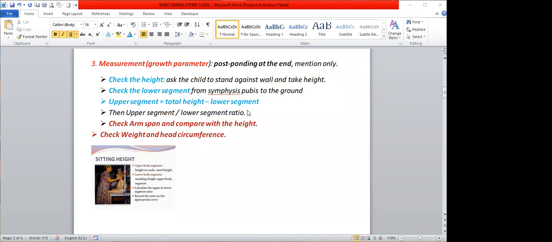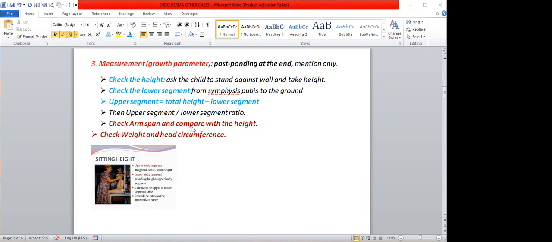At the same time, we can also mention, I want to check the upper segment and lower segment ratio as well as arm span. If possible, check the weight and head circumference also. So these are the verbalizations. I think that will be enough, and the examiner will know that we know this area, and that is important.